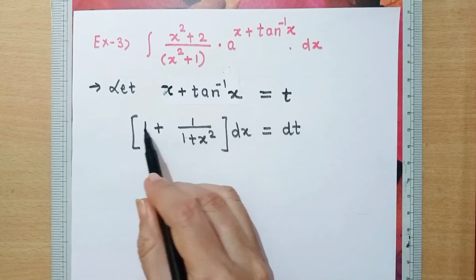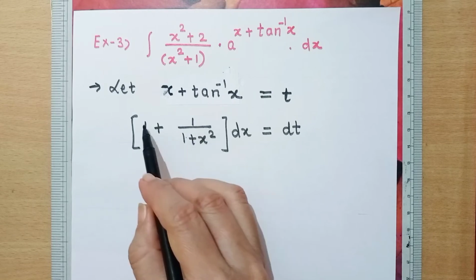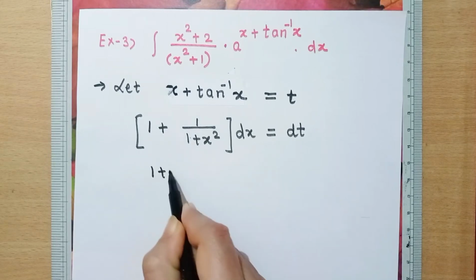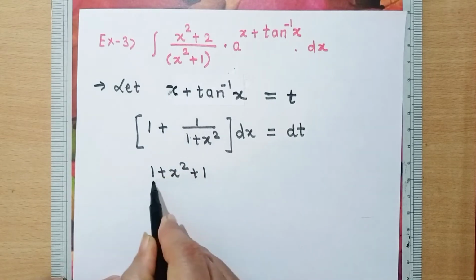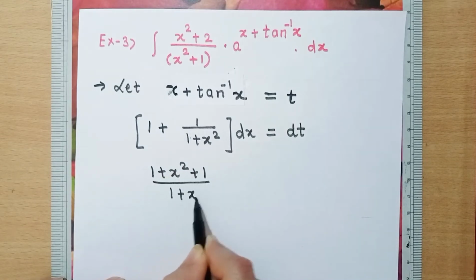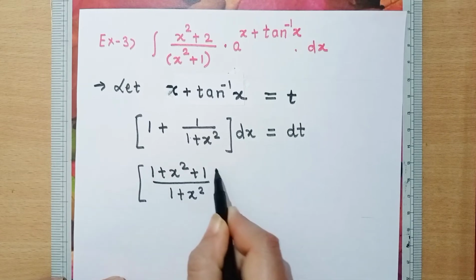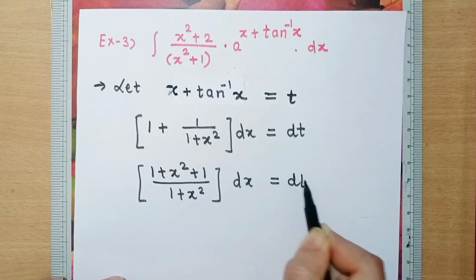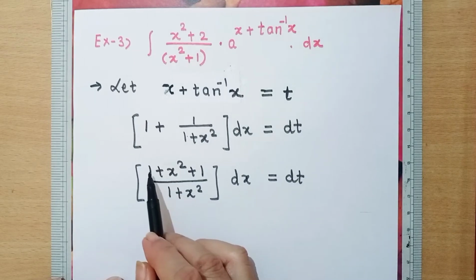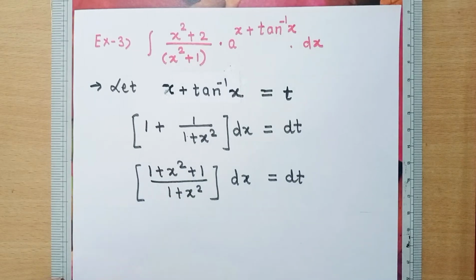Now here make the denominator the same. So 1 plus x square upon 1 plus x square, then plus 1, and this denominator is 1 plus x square, and here write down dx, and that is equal to dt. Now x square and this 1 plus 1 means 2.